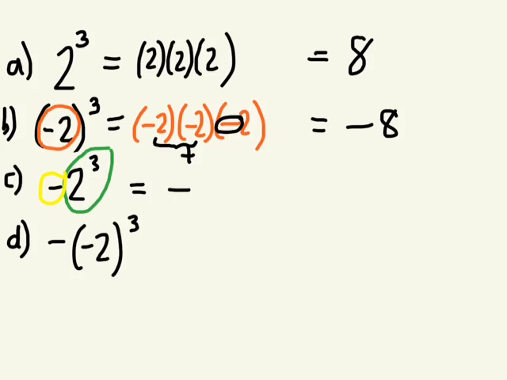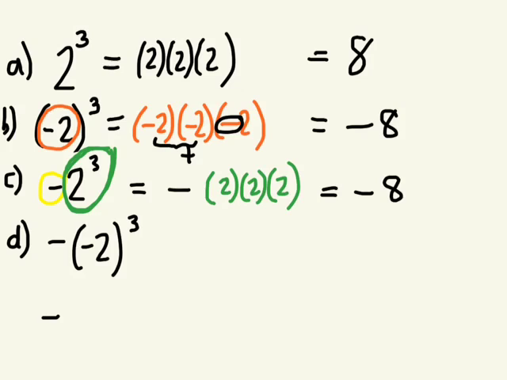And then I'm going to actually solve 2 to the power of 3, which is 2 times 2 times 2 equals, what's the answer? Negative 8. Good. Because the negative is not in a bracket, the answer will automatically be negative.